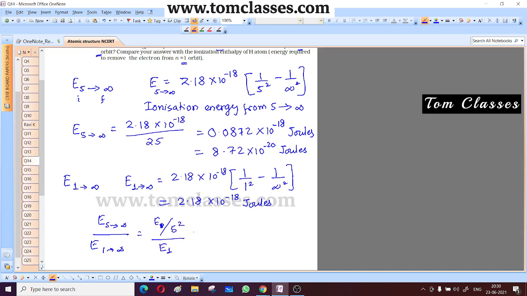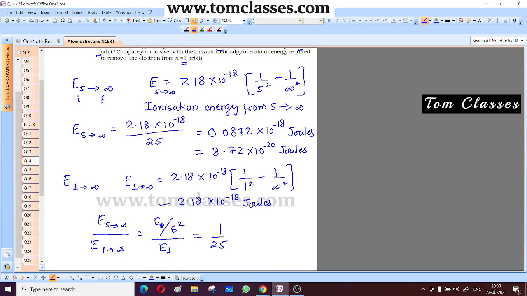So the energy required is going to be 1 by 25, right? So what is the factor which we are going to get, because 2.18 into 10 to power minus 18 is common over here, right? Is that okay?